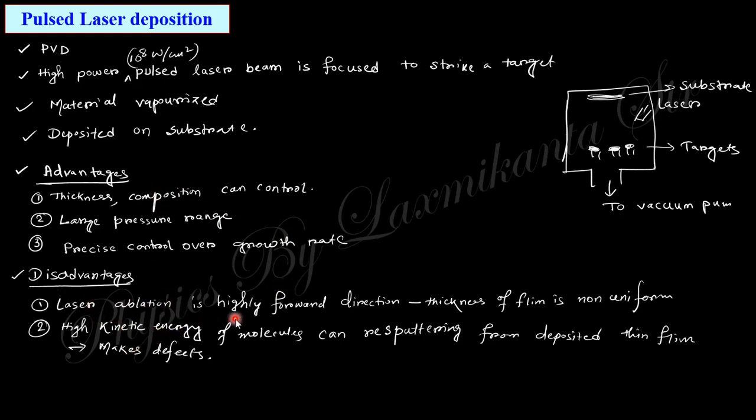Disadvantage is that laser ablation is highly forward directed, that is, along that direction, so it is non-uniform. Okay, so it is ejected in a particular direction, and the ejected molecules are not in a uniform direction. So the material formed on the substrate is not uniform.